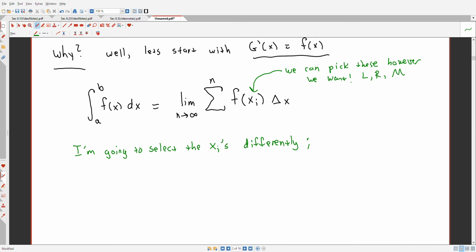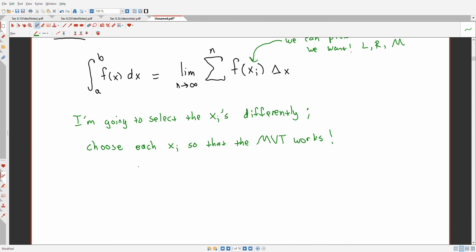And so here's the truth. We should be really clever in how we pick these things. I'm going to choose each x sub i so that the mean value theorem works. Let me tell you what I mean.